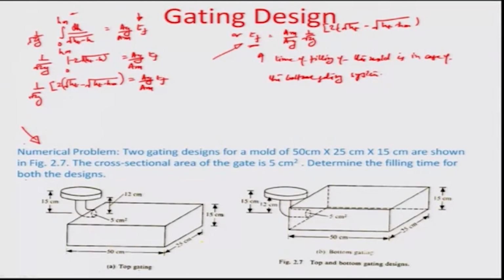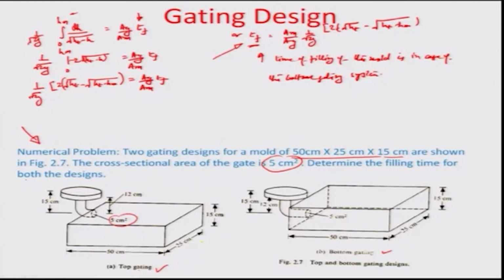So, let us say you have these two gating systems which are illustrated in this figure, and I am going to just mention this problem, but in the interest of time solve it in a later module. We want to estimate the time of filling of this mold, which is about 50 centimeter into 25 centimeter into 15 centimeter, and the cross sectional area of the gate is given to be 5 centimeters square. That is very important here.